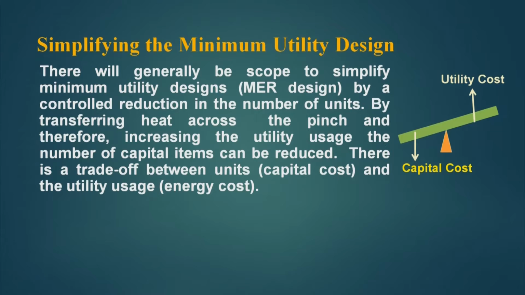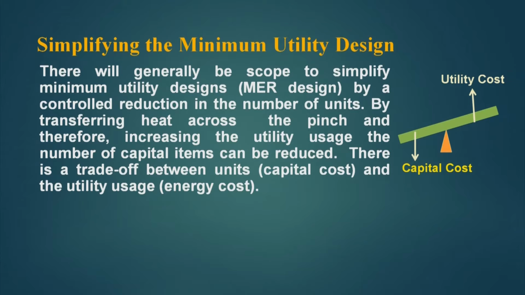Now, let us see. There will generally be a scope to simplify minimum utility designs, that is MER designs, by a controlled reduction in the number of units by transferring heat across the pinch and therefore, increasing the utility usage.